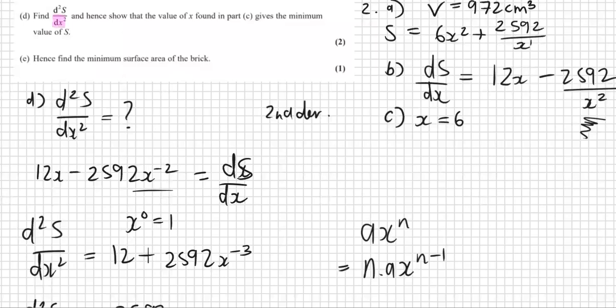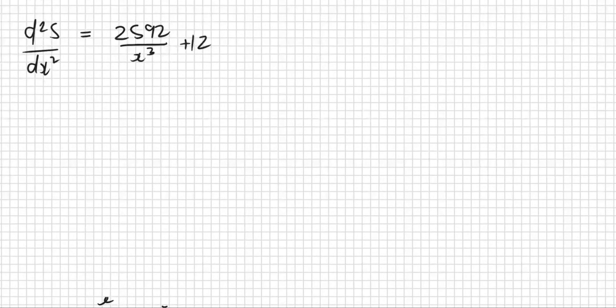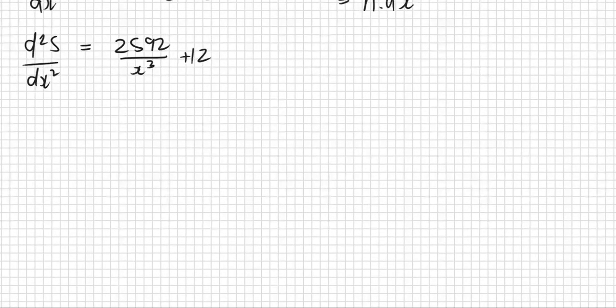But first it asks us to find that, which we've done. And then it says, hence, show that the value of x found in part C gives a minimum value. So we're doing the second derivative test for min or max. The second derivative test is you sub your x value into the second derivative.